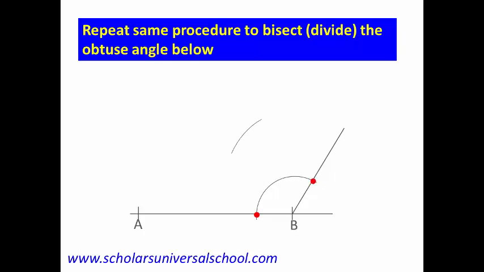I'll place it at another point here again, and I also mark. So the two arcs intersect themselves here, and I'm going to draw a line from this point of intersection to B. Can we see that? So we have been successful in dividing the obtuse angle B into two equal halves.